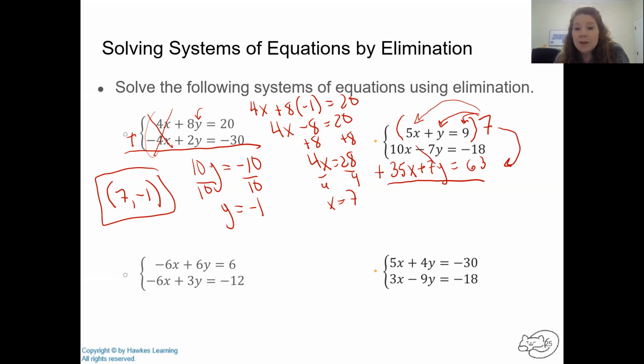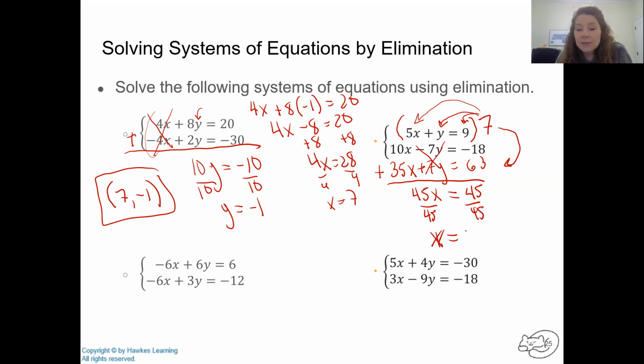I know my y's go away. So 10x plus 35x is 45x equals 63 minus 18, which is also 45. So now I'm going to divide both sides by 45, and I get x equals 1.